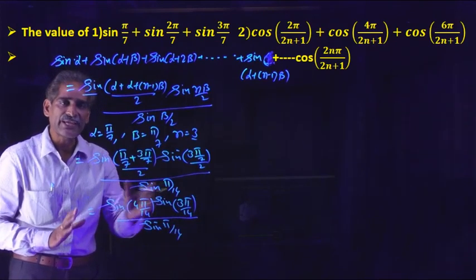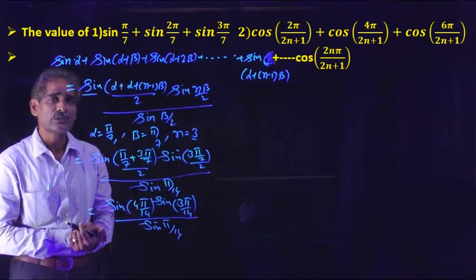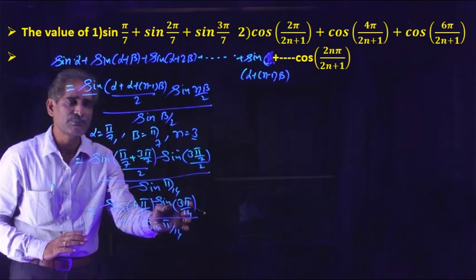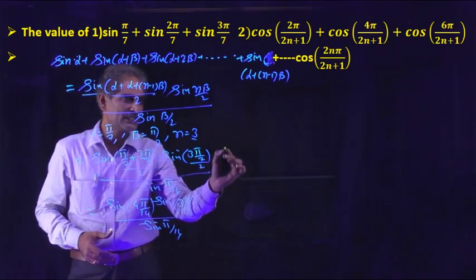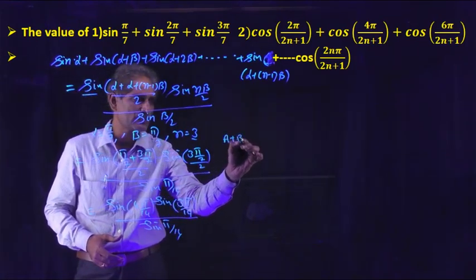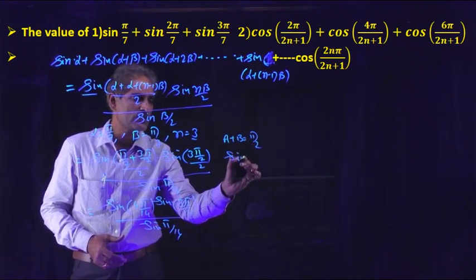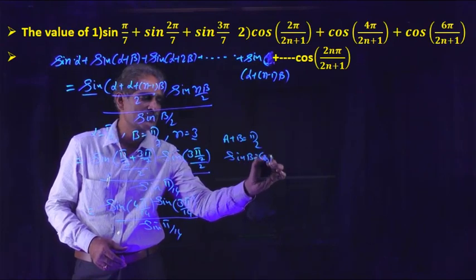Okay, if a plus b is equal to 90, then b is equal to 90 minus a. So here sin b is equal to cos a. If a plus b is equal to 90 degrees, that means pi by 2, sin a is equal to cos b, otherwise sin b is equal to cos a.